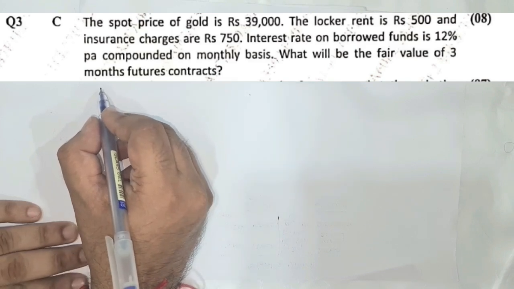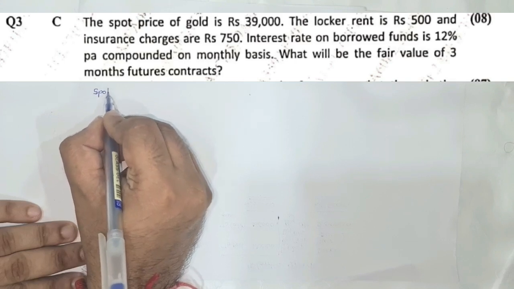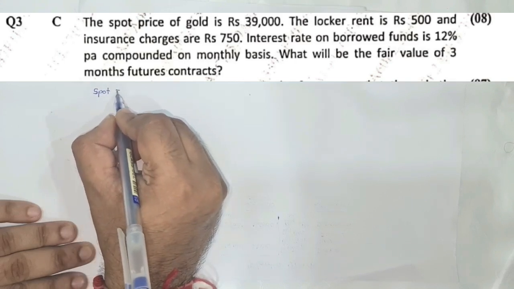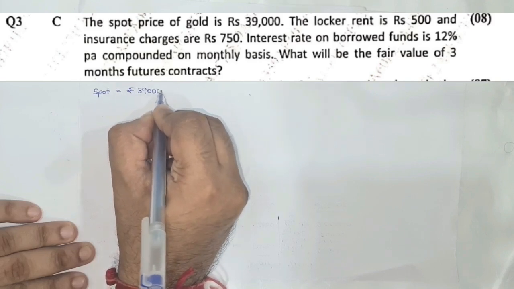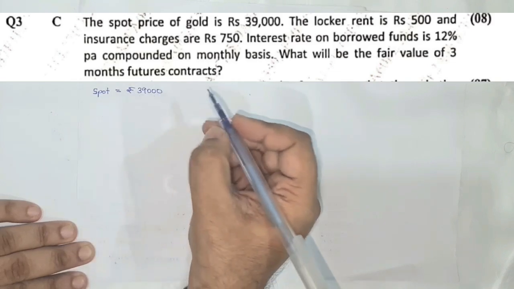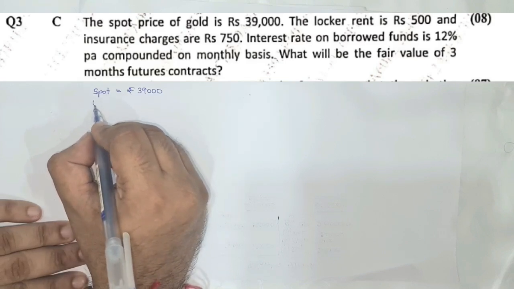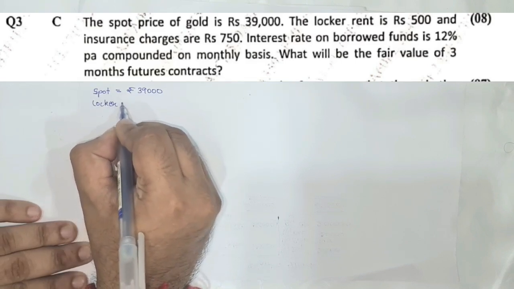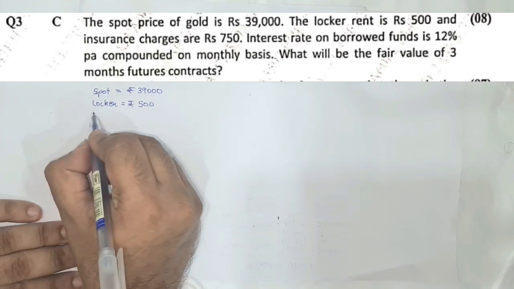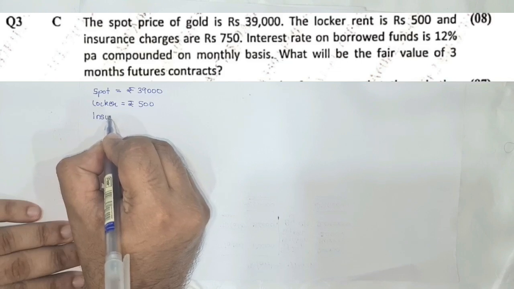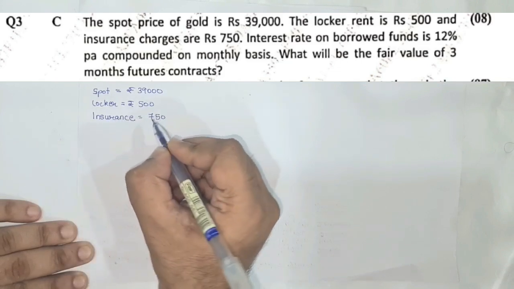The very first thing given is the spot price, so I'm writing the spot price is rupees 39,000. That is the spot price of the gold. Along with that they're giving the locker rent, which is rupees 500, and insurance charges, which is 750.